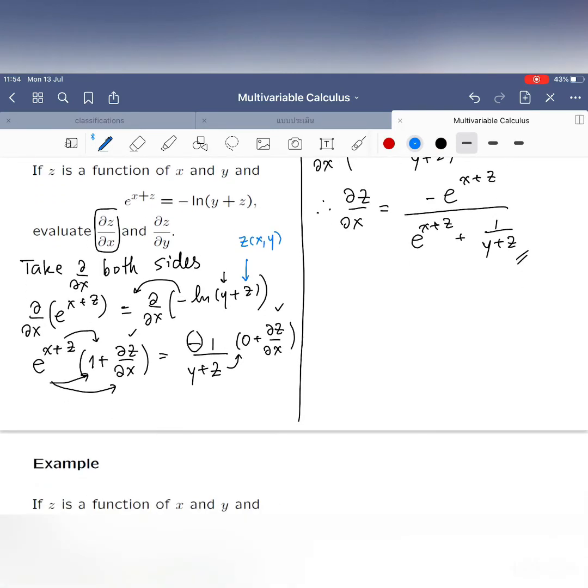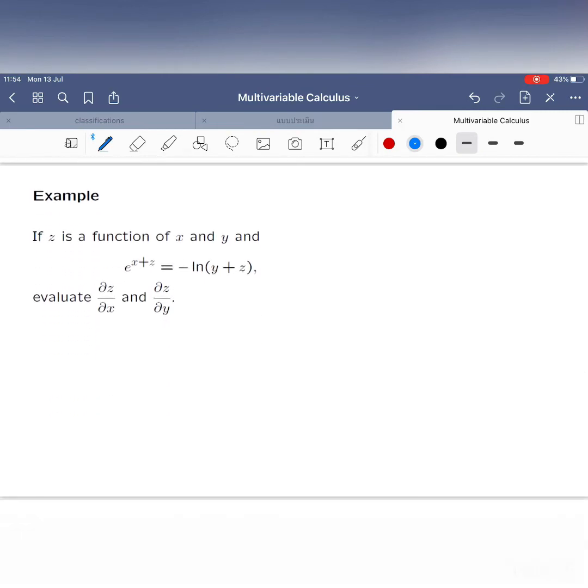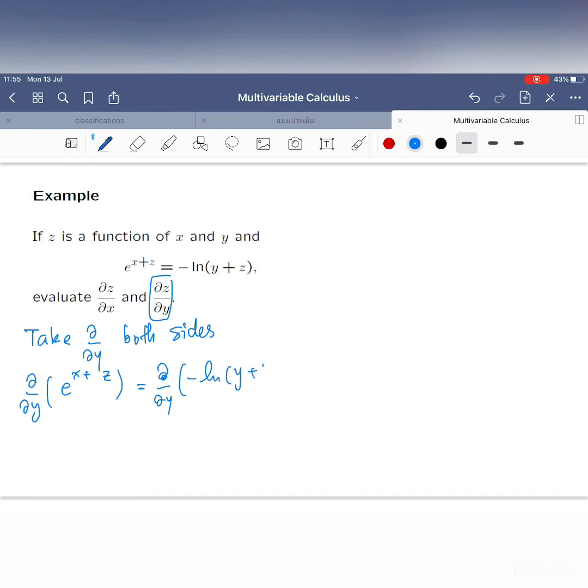What if you need to find a derivative with respect to y? You are going to do the same thing. You take d by dy of both sides. So you got d by dy of e to the x plus z equals d by dy of negative log of y plus z. The derivative of the exponential is the exponential itself, and then the derivative of the exponent with respect to y.